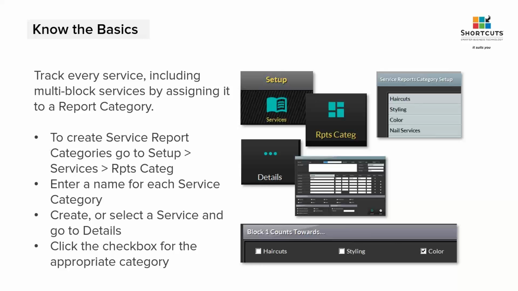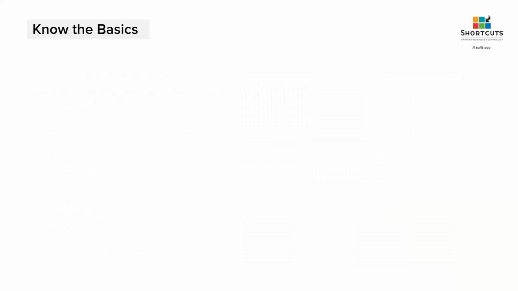So this first block will be the hair service, the second block will be the massage service, and the third block will be some sort of skin treatment. And your reporting categories allow you to track each of those independently so that when you run a report, you'll know exactly how many massages, how many haircuts, how many treatments your business did. And again, I'm going to show you in just a moment.